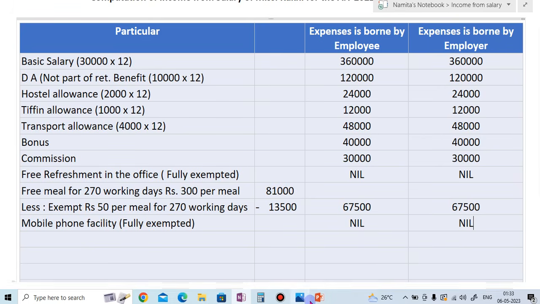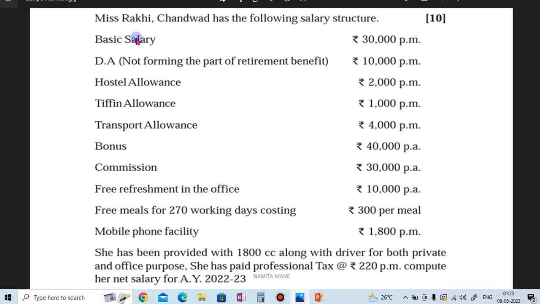Okay. Now all the particulars we have taken into consideration. Next is what she has been provided with: 1800 cc, which means she has been provided with a car. The cc of that car is 1800, along with a driver, and this car is being used for private as well as for office purposes.